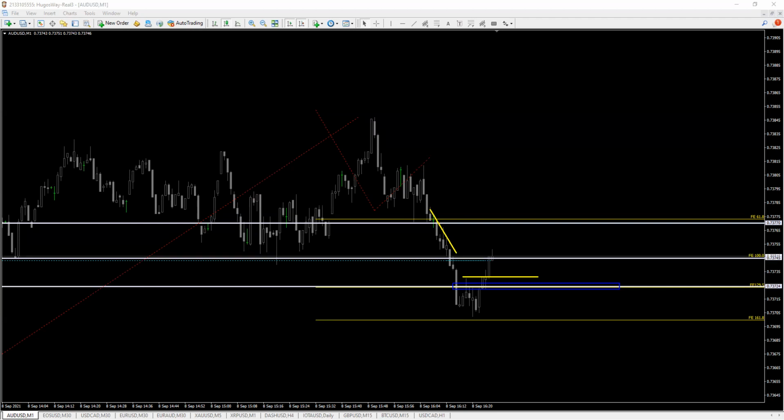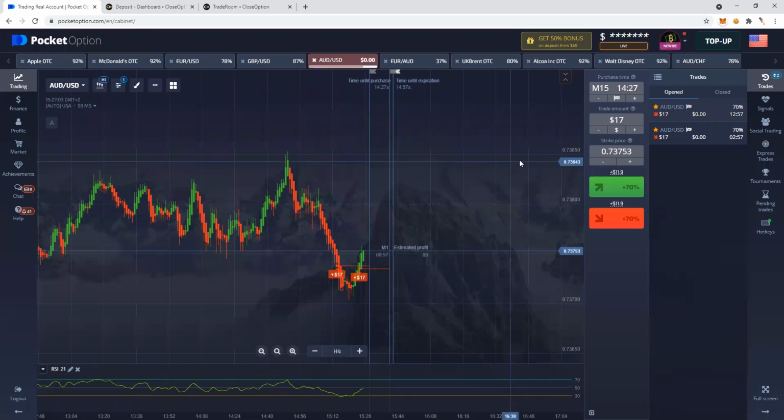All right, now on the Heikin Ashi, 1 minute, look at, I actually think I can change screens real quick. I'll show you. I think that's it. Can you see my Pocket Option?